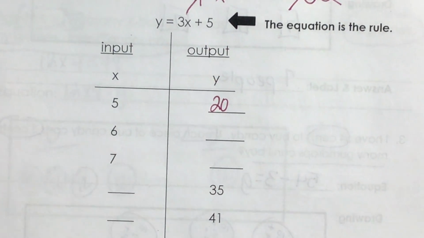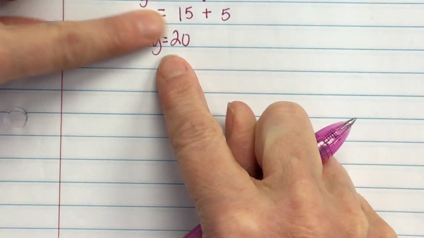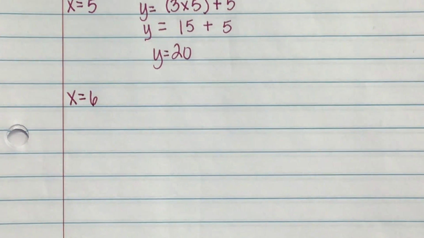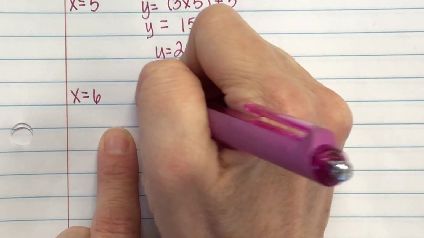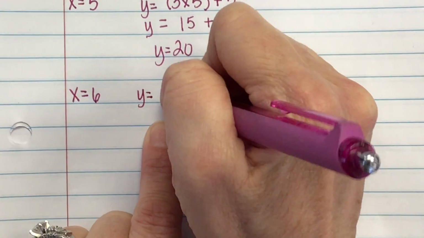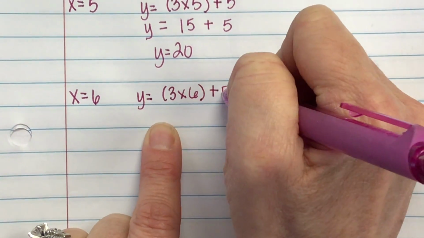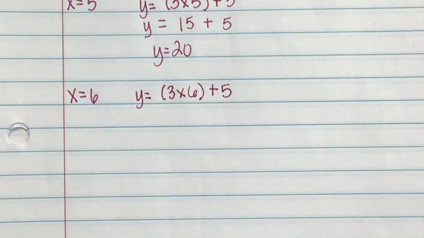Now the next one says, what if x is 6? Skip a line. And now x is 6. Okay? So over here we just write it out. Y is equal to 3 times 6 plus 5. You have to do each line of work.